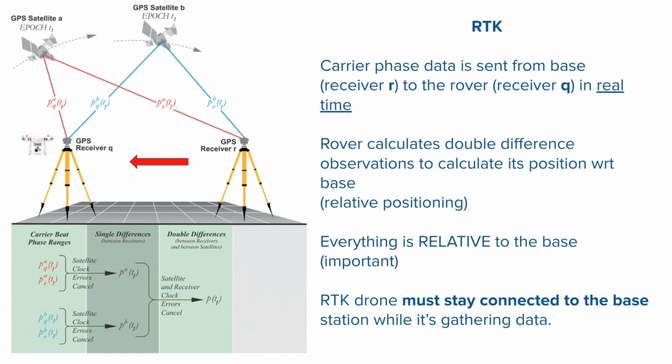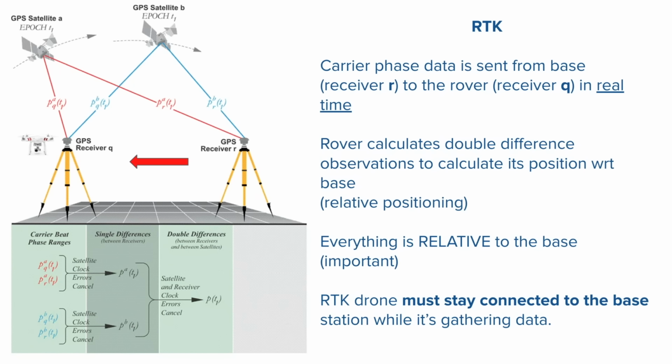This is very important because we're going to go over a couple case studies where you can see how this can get confusing and you can mess things up if you're not careful. Always remember that with RTK and or PPK, it's always relative positioning.